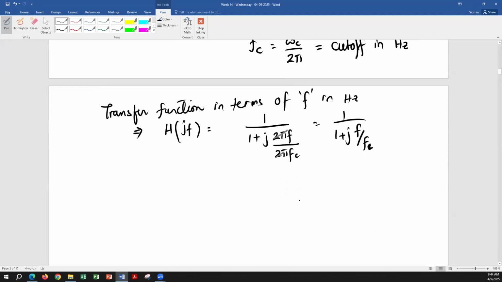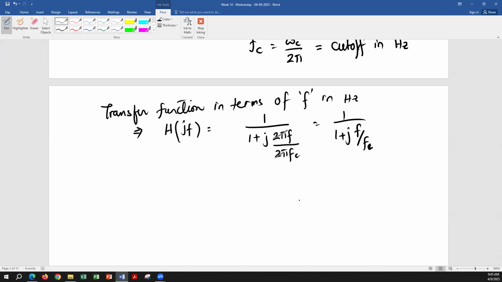So anytime you have a complex quantity, you write it down in polar form to see what is the magnitude of that quantity and what is the phase associated with that quantity. When you're plotting the filter response, you have two responses. You have a magnitude response: how the magnitude of the filter is changing when you're changing the frequency.